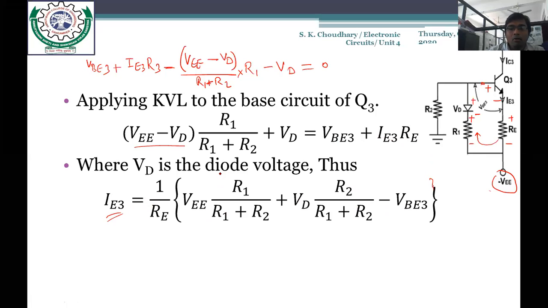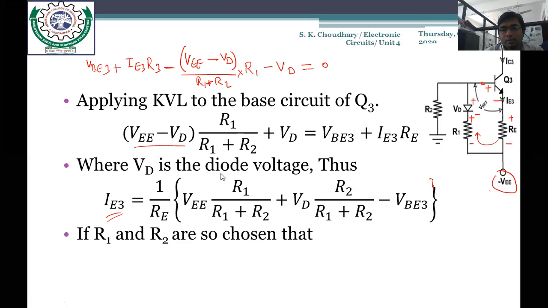Now it would simplify further, because VBE in this equation is still a quantity that is affected by temperature. So we have to adjust the values of R1 and R2 in such a way that R2 upon R1 plus R2 into VD is equal to VBE3.